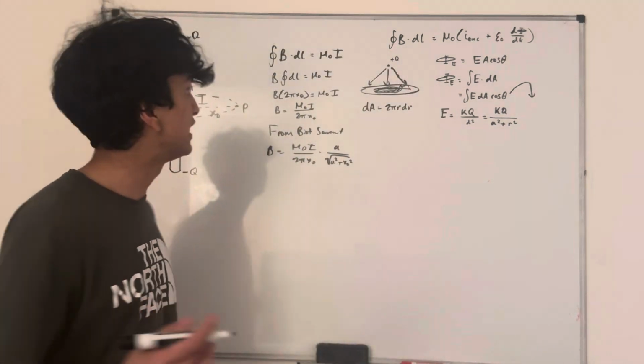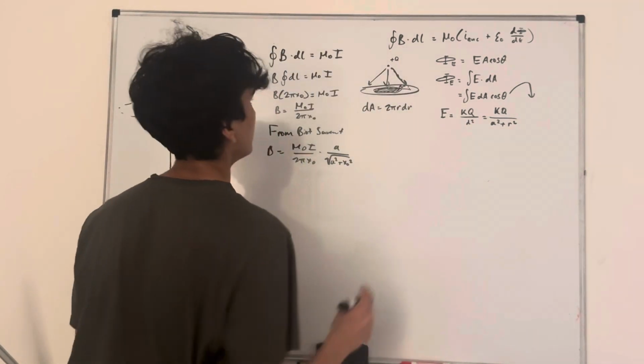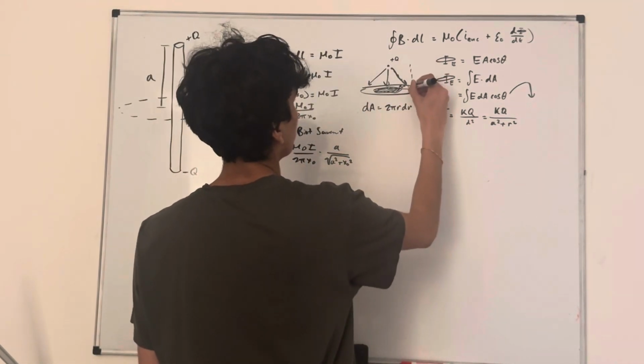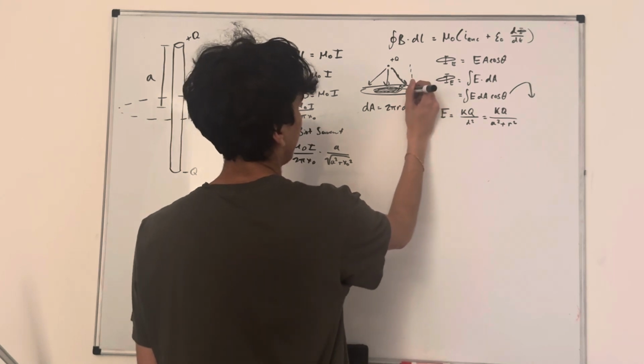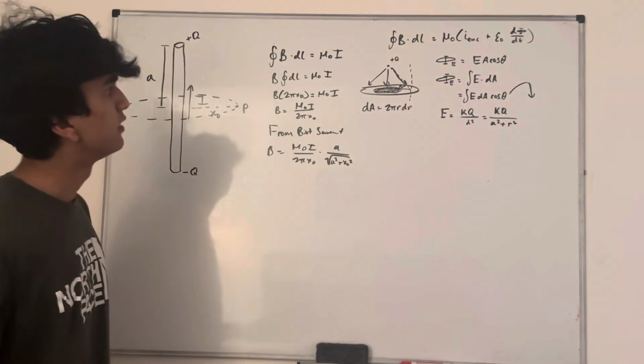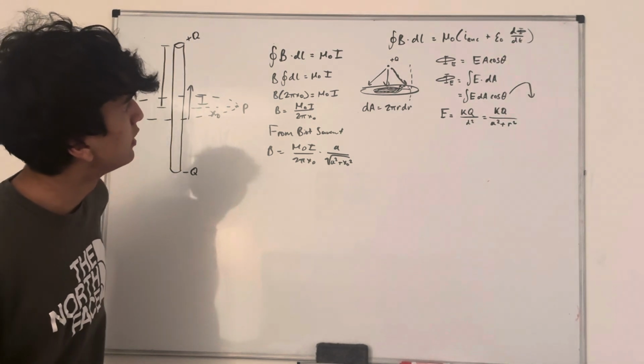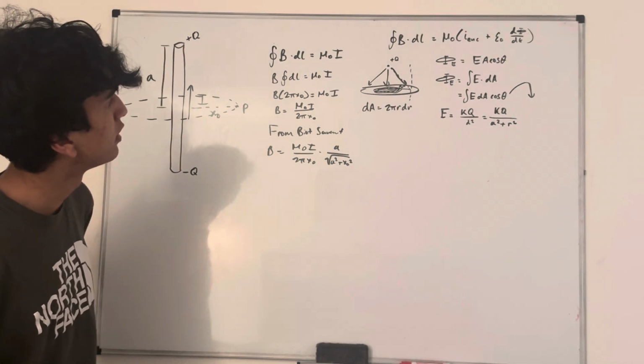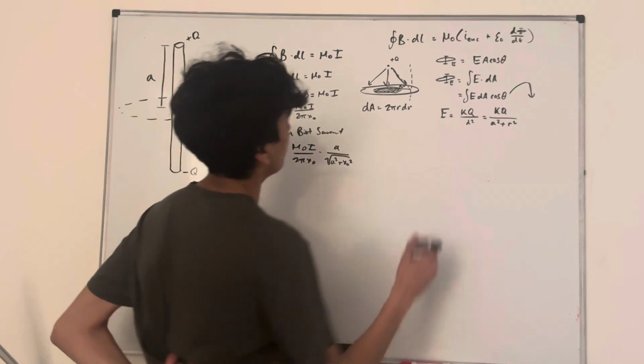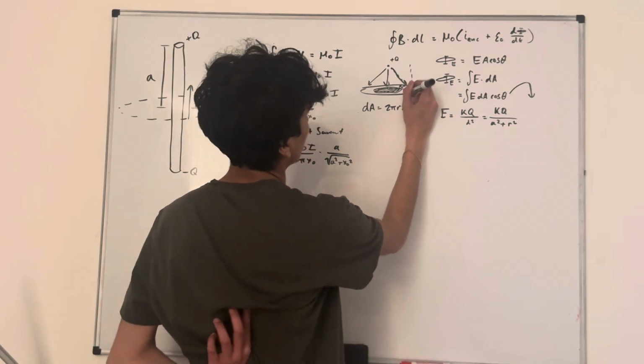That theta, the angle in between, I can draw it like this. The angle in between the area vector and the electric field vector. What is the angle?